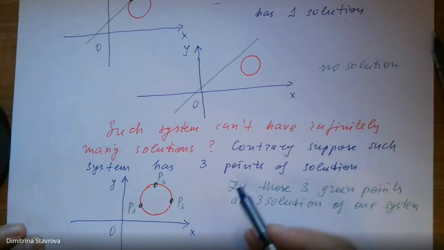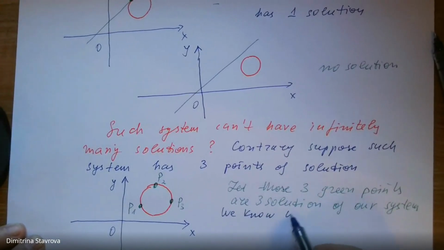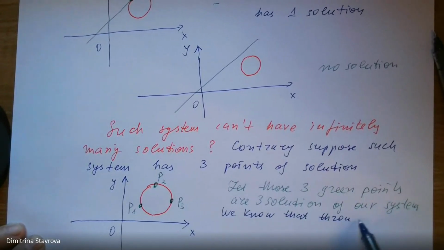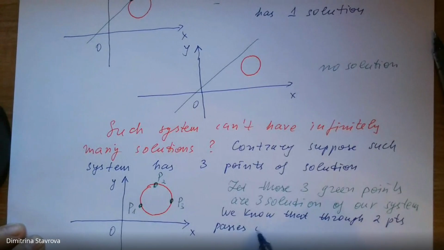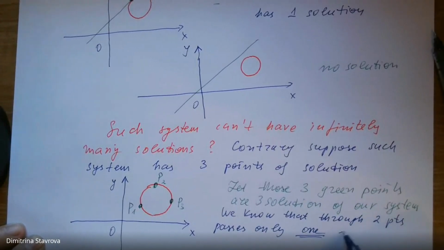We know that through 2 points passes only one line.